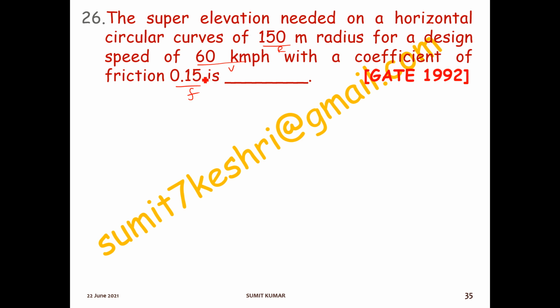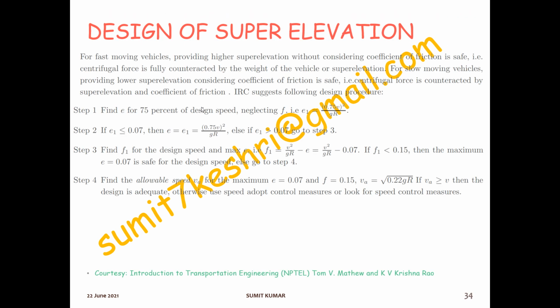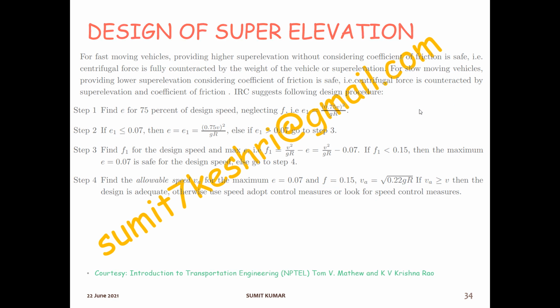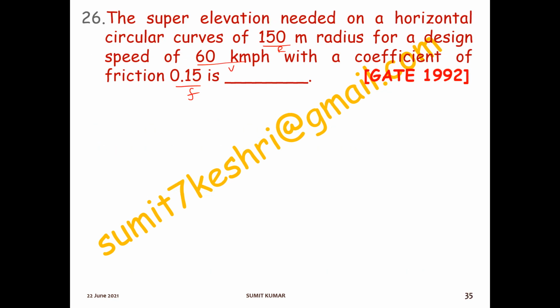In the previous slide, we know that for finding E, just follow these four steps. In the very first step, you find the value of E by this equation: E is equal to V square by 225 R. So here V is 60 kilometer per hour. 60 square divided by 225 into R, which is 150 meter.